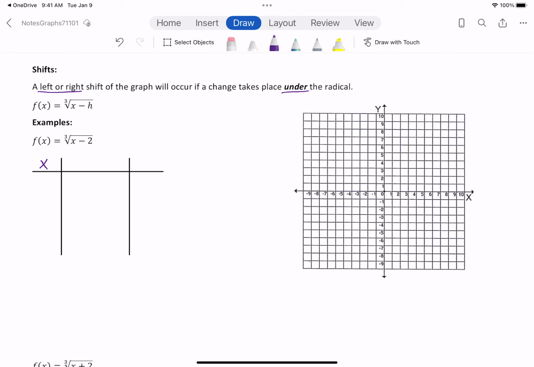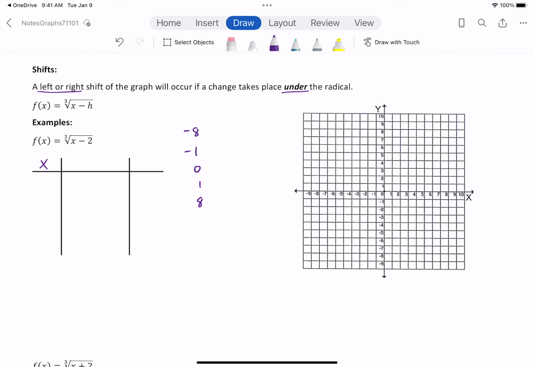And just like with the square root graph when we did the left-right shift, we're not going to be able to just choose that set of perfect cubes that we used, because the change is underneath, we need to determine what will actually give me those numbers. So I usually make the list of the perfect cubes that I would normally use.